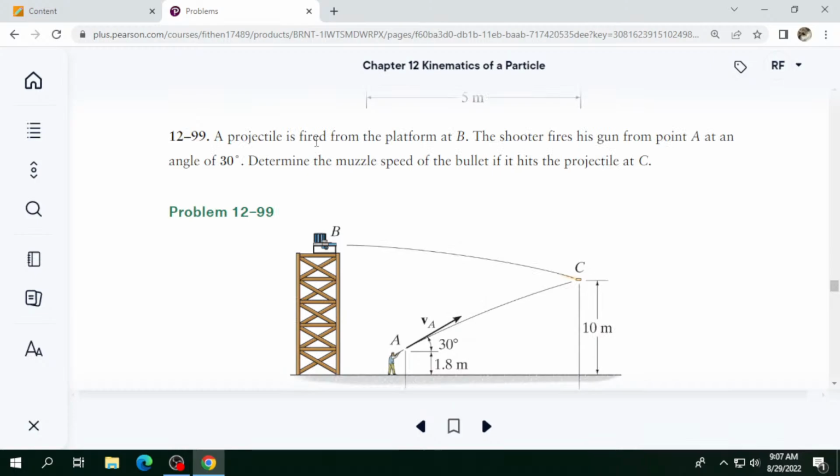A projectile is fired from platform A. The shooter fires his gun from B, or no, I got that backwards. The shooter fires his gun from A at an angle of 30 degrees. Determine the muzzle velocity of the bullet, I guess this is the bullet, if it hits the projectile at C. Okay, so this is good.